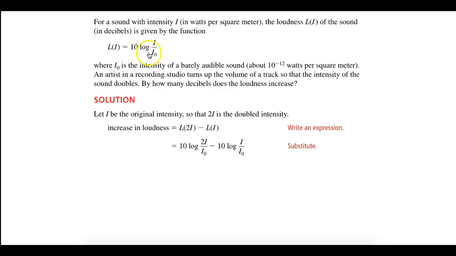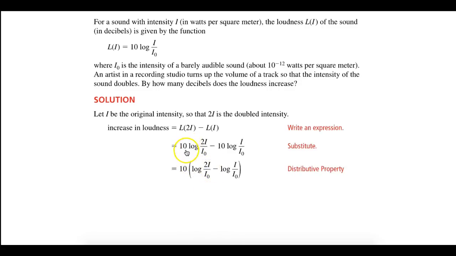Remember I initial is a value that's just a very low audible sound. I is whatever your initial intensity was. Now, look what we can do. We can take some of these numbers here, and using our properties, we can rewrite this.